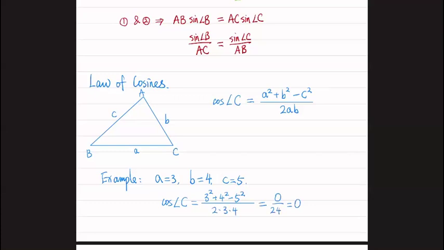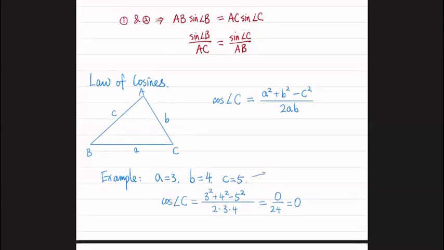Okay, so whenever the cosine is zero, it means this angle is a right angle. It is a right triangle. So the observation is that it is a right triangle.